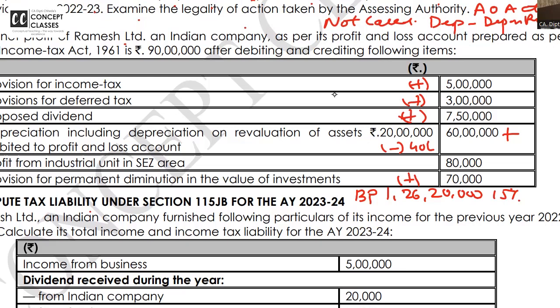So 126,20,000 into 15% MAT is 18,93,000 into 107% surcharge, with 20,25,510 into 104%. So the MAT tax is coming to 21,06,530 is the answer. Easy. How much time did you take to do this problem? Yes, not more than 5 to 7 minutes you should take. Done?